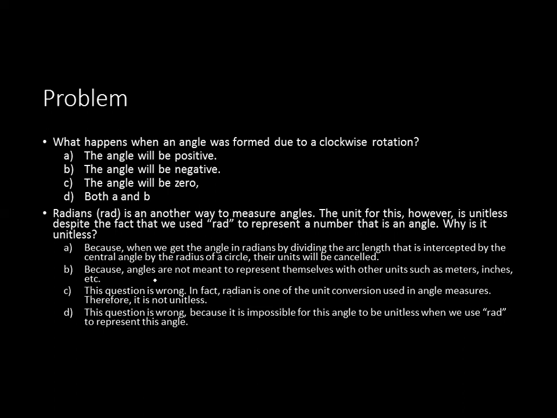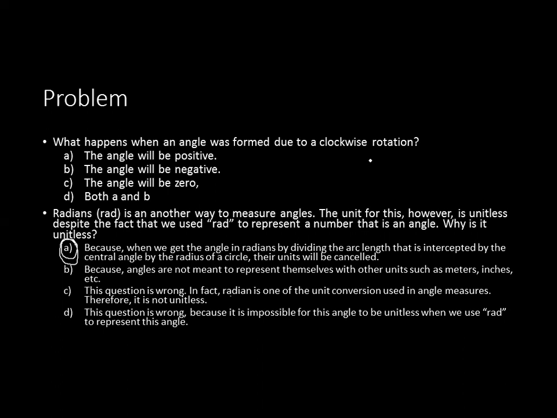In fact, radian is one of the unit conversions used in angle measures. Therefore, it is not unitless. Or D. This question is wrong because it is impossible for this angle to be unitless when we use rad to represent this angle. So which do you think is the correct answer? The answer is A.